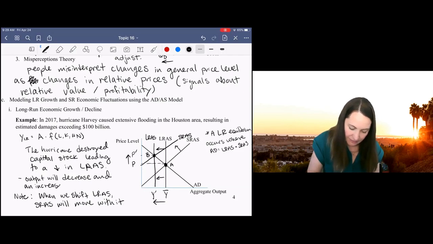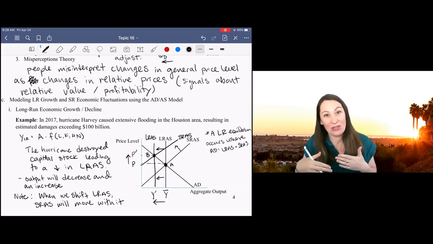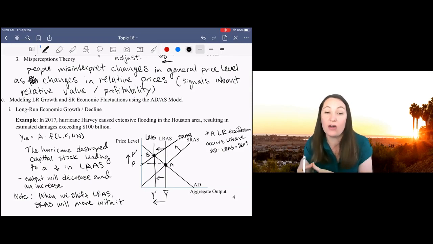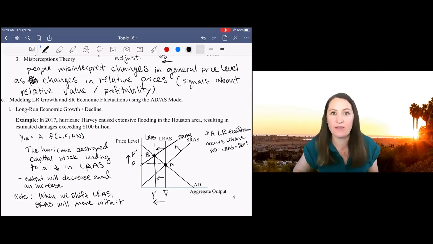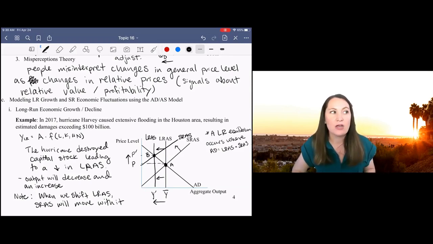And again, just because we're calling this long run doesn't mean that this has to happen for a long time. I think that can be confusing for people. What it means is that here we have a decrease in output, not due to a market imperfection, but due to a change in our real productive capacity.